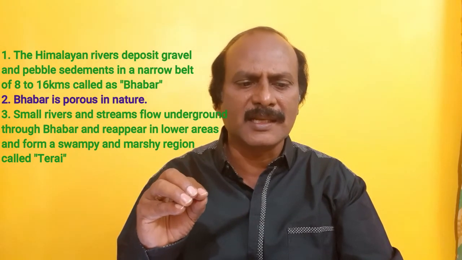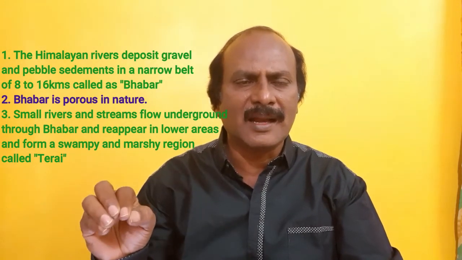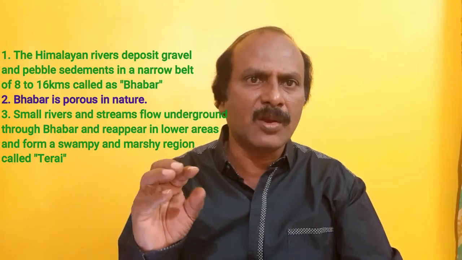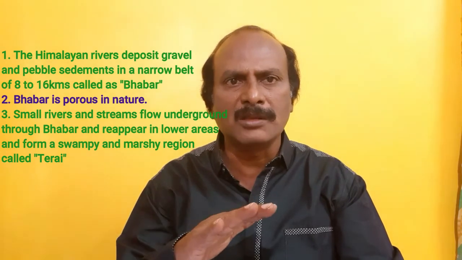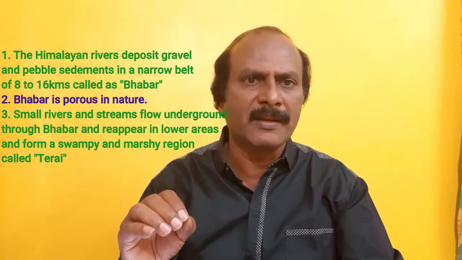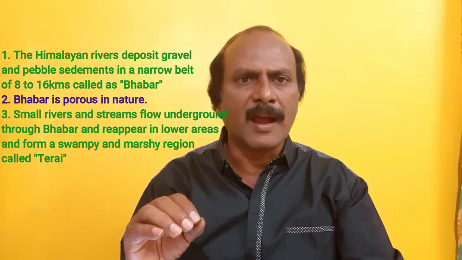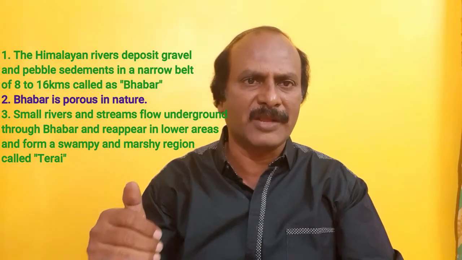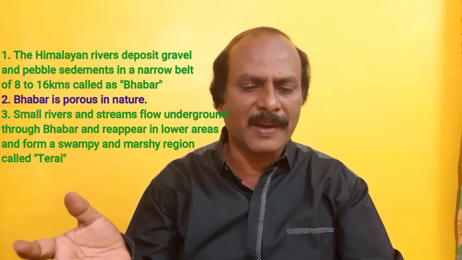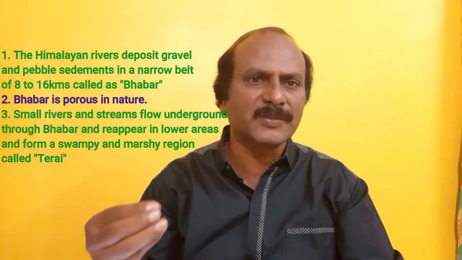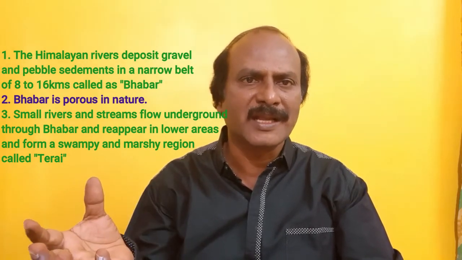In addition, this land was filled with terrain and lofty trees. In due course, all the terrain lands have been cleared by the local people, and that land has been brought under cultivation. Now it has become an alluvial plain, with crops raised by the local farmers in that area.